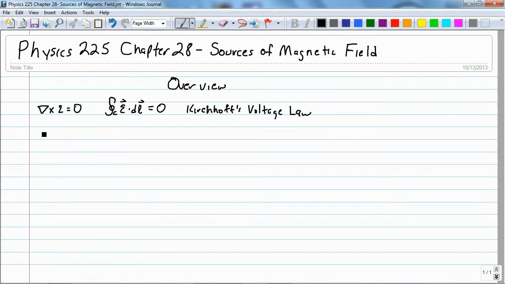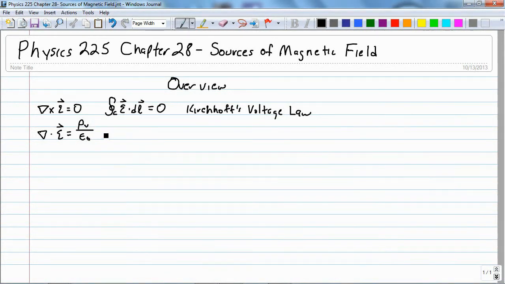Now, if we do the divergence, it's not the dot product, apologize, it's the divergence of the electric field, we found that it was equal to our charge density over epsilon naught. And this is a volume, that's why we have a little v, right? It's charge in a volume.